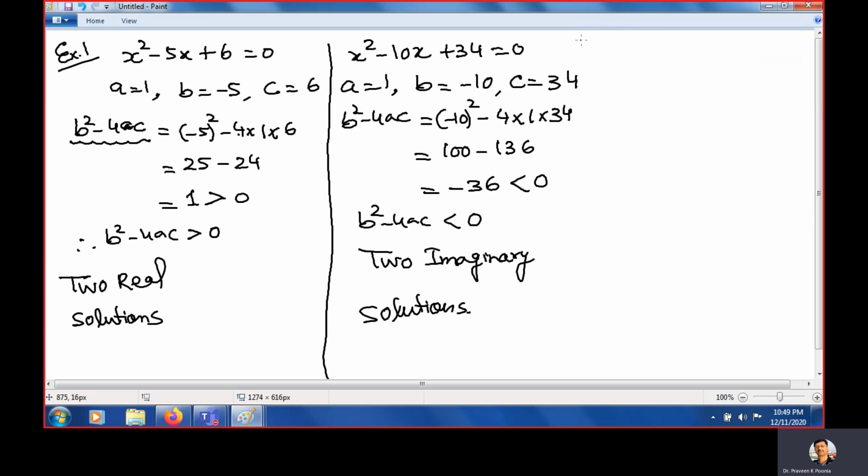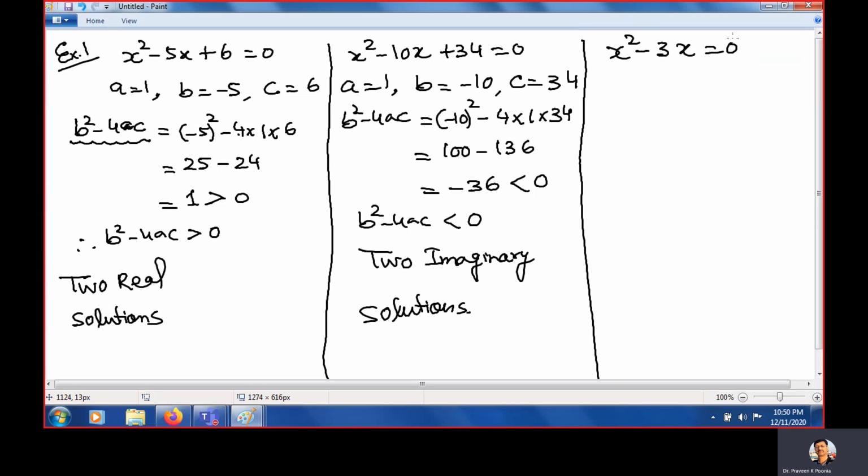And if we take a third quadratic equation, what? x square minus 3x is equal to 0. Clear?